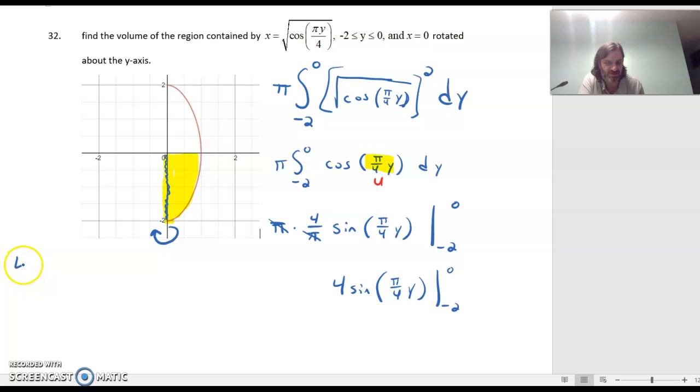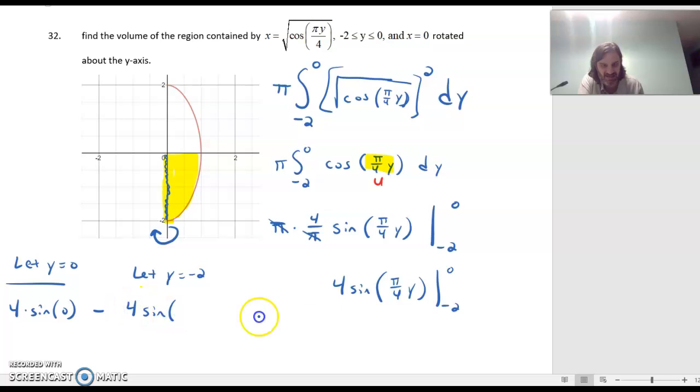So let's plug those in. Let y equal 0, and when we do that, we'll have 4 times sine of 0, minus, and we'll let y equal -2, and that will give us 4 times sine of -2 over 4, which is negative pi over 2.